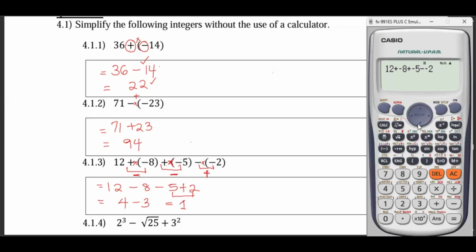So I hear someone there saying, what about the brackets? Put them in the brackets and you see what happens. Still get the same answer.